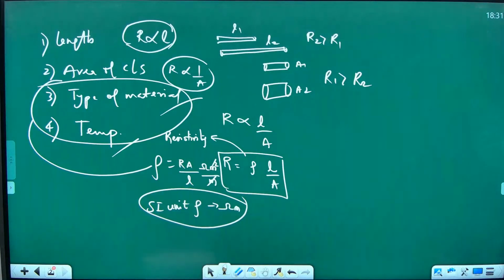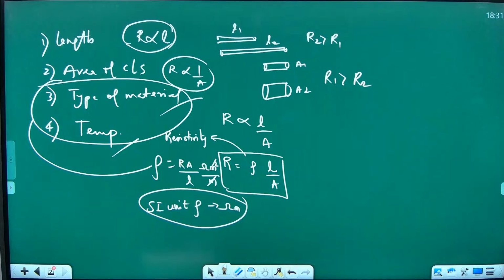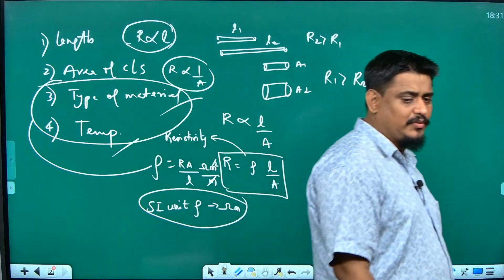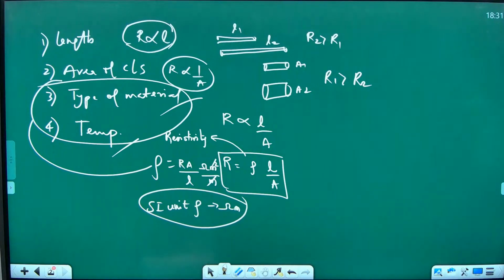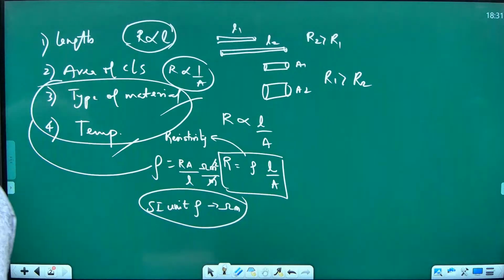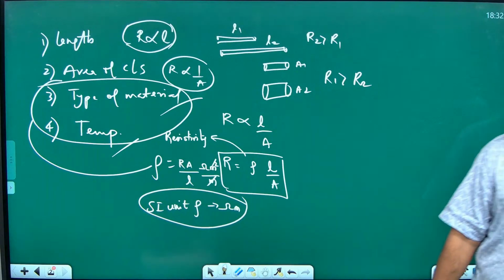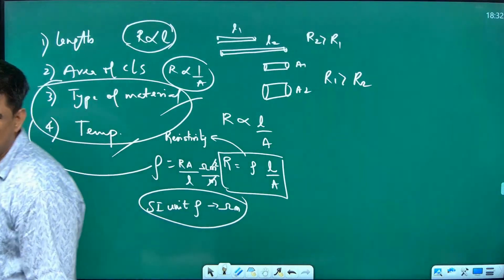Question is, how will the resistance of a wire change if it is compressed to half its radius?